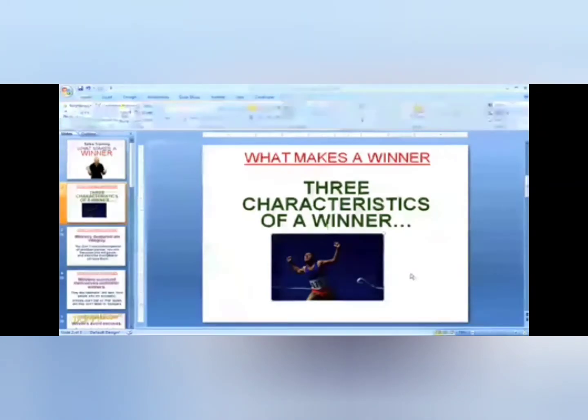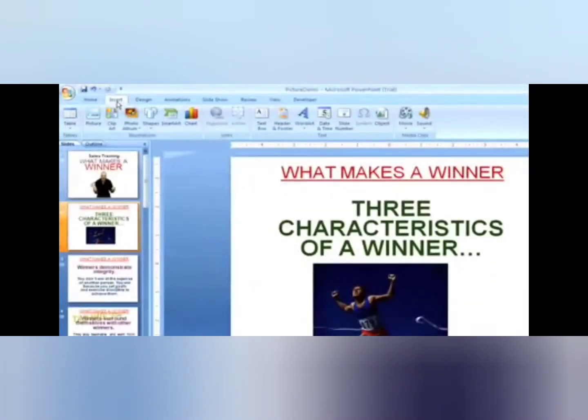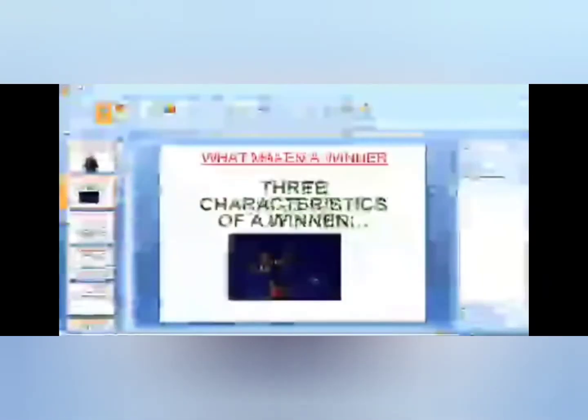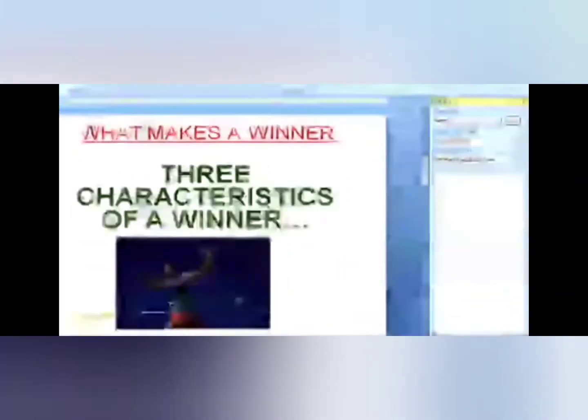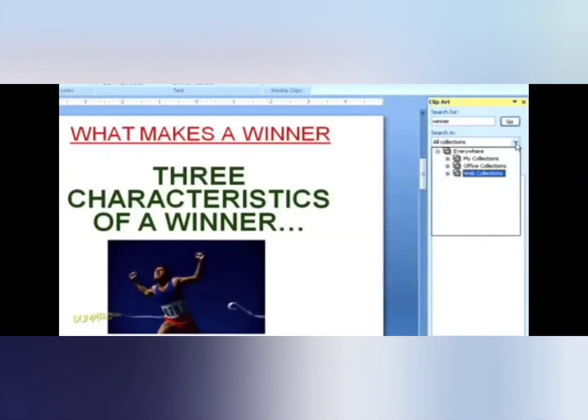For that, you just need to click on the insert option, and here you will see one option which is clip art. Here you will see one slide, and on it you can search anything. Suppose you type the name of any desired picture in the search for box.